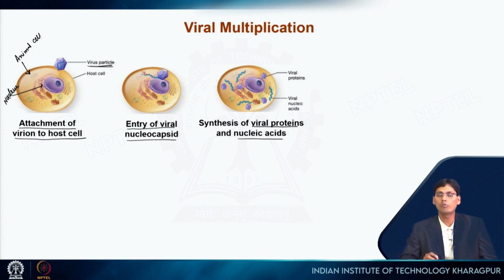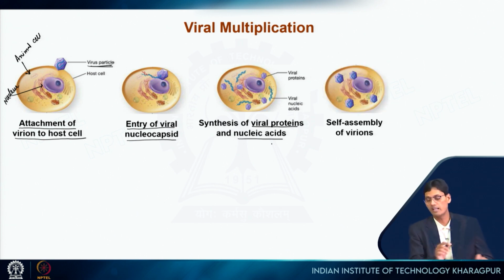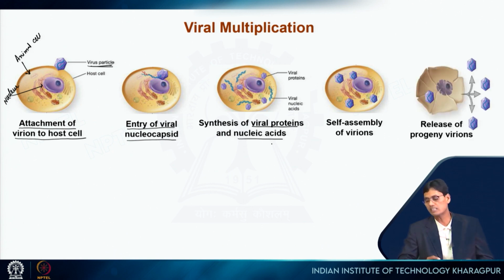But whatever nucleic acid went inside has the information to make both protein and nucleic acid. So synthesis of viral protein and nucleic acid is the next step. And then self-assembly of virions: proteins and nucleic acid are assembled together to generate new viral particles. And the final step is the release of progeny virions, that means progeny viruses.